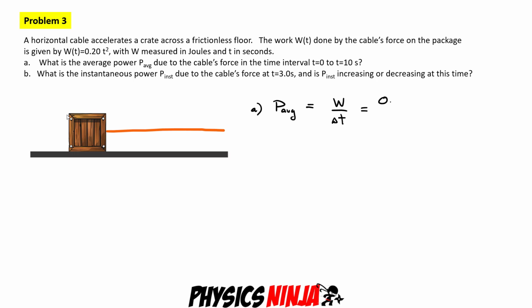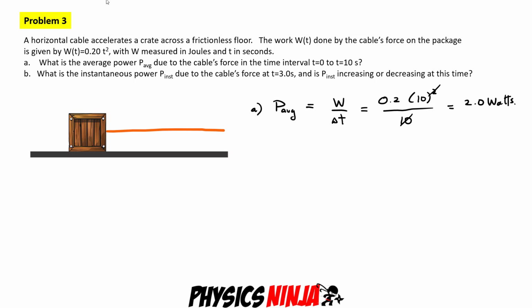So you simply do 0.2 multiplied by t squared and then divide by that time interval, which is 10. You can cancel this out, and what you're left with is 0.2 times 10, which gives me 2. That is 2 watts. That's it for that case. That's pretty straightforward. What about B?